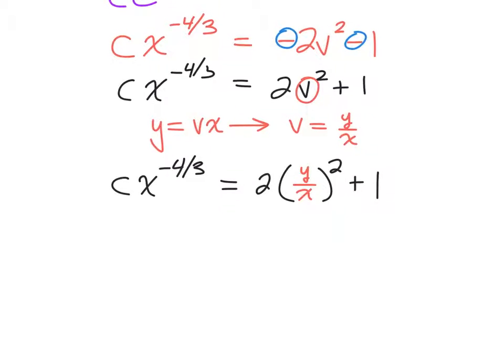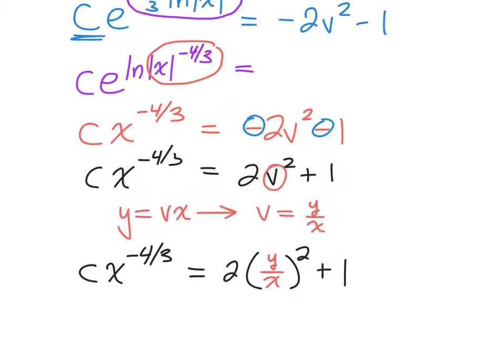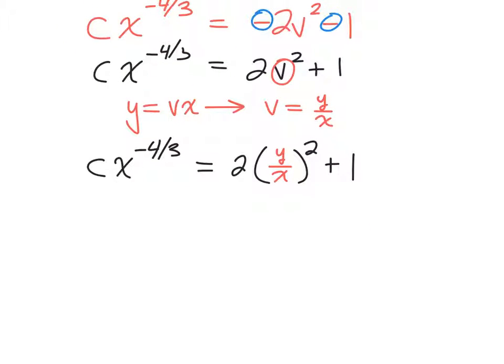Sorry? Y plus 1. I just carried it. Why was it there? Didn't you add 1 to both sides? Did I? I don't know. Oh, you divided everything by negative 1. Okay. I think that you might have added 1 to there. So cx to the negative 4/3 is equal to 2y squared over x squared plus 1.